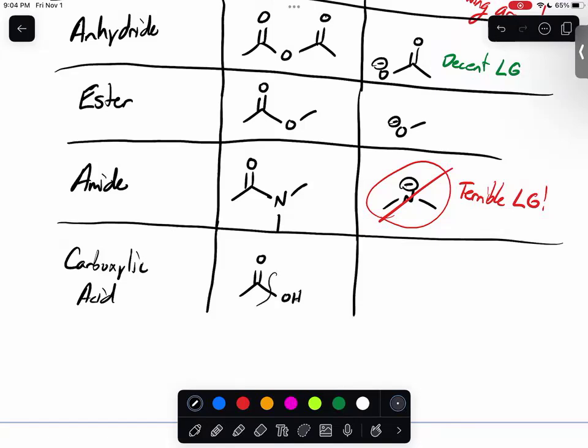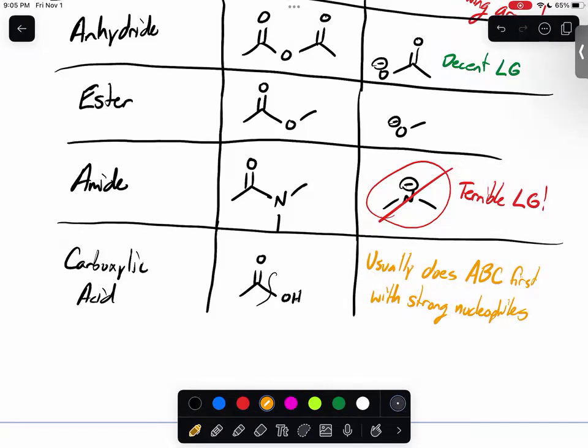But the thing is, this usually does acid-base chemistry first with strong nucleophiles. So in reality, we really don't have to make that argument because it's probably not going to be substituted.